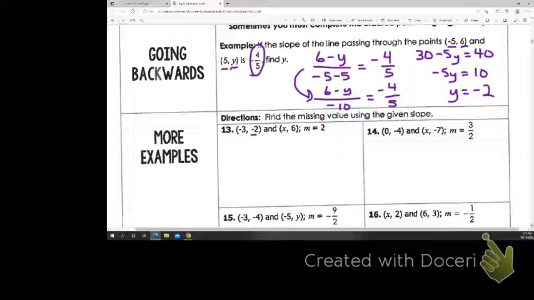So the y's on the top, negative 2, subtract 6. I'm plugging everything into the slope formula. The x is on the bottom, negative 3, subtract x. It's going to be equal to, now if it's a whole number, then do 2 over 1. So simplify what you can, like negative 2 minus 6, make that negative 8.